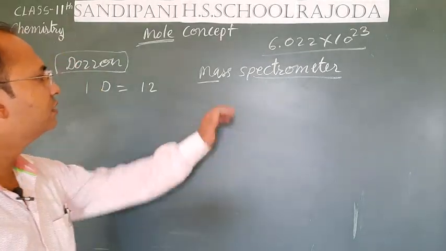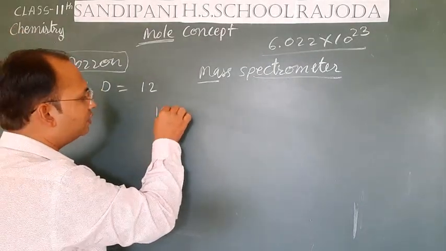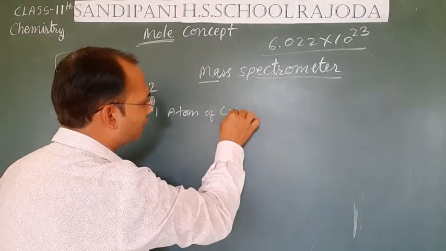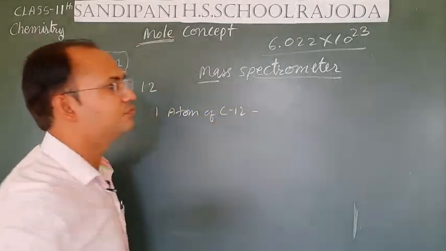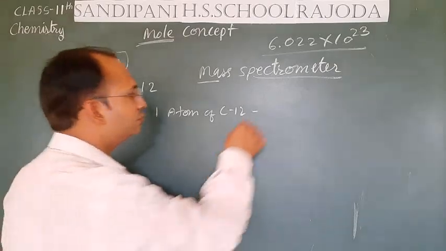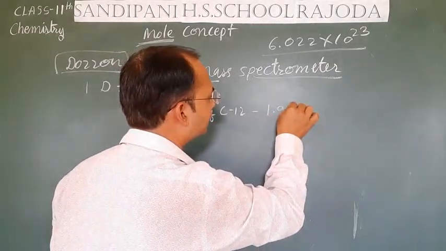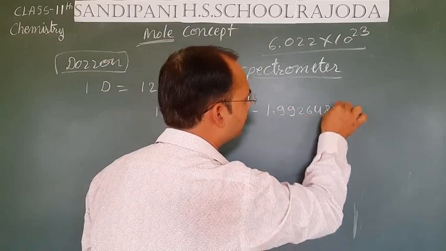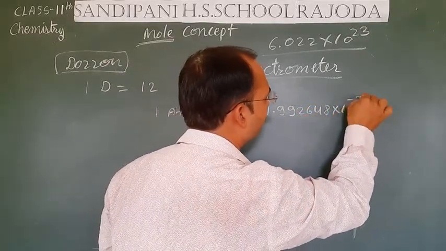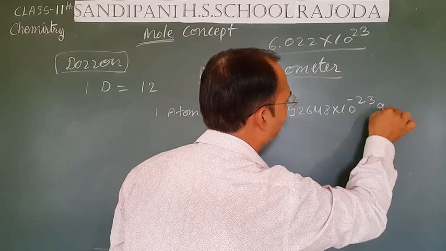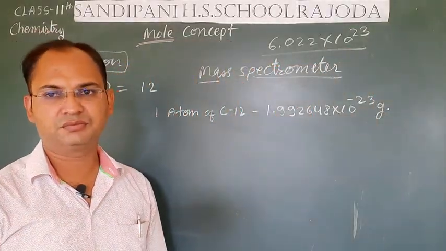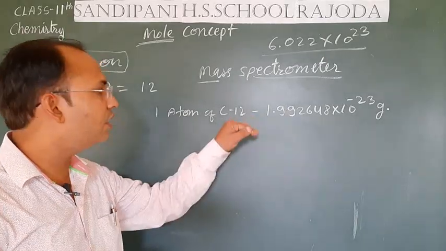So students, the weight of 1 atom of carbon 12 isotope was equal to 1.992648 × 10^-23 gram.